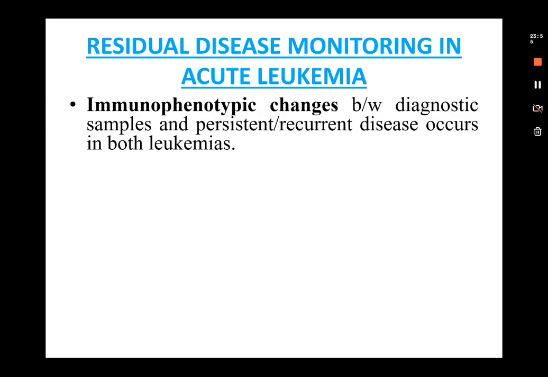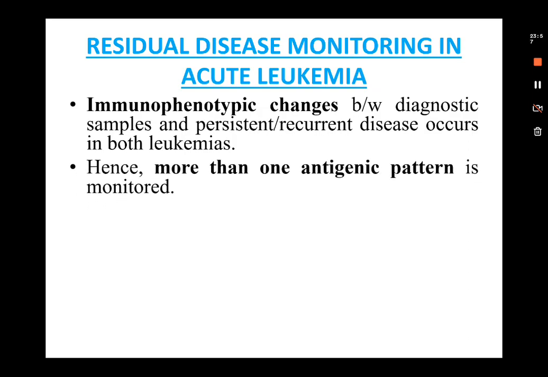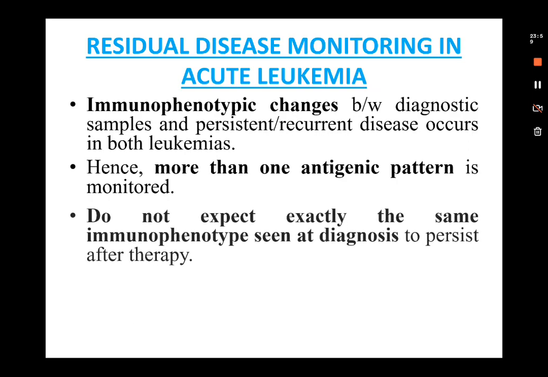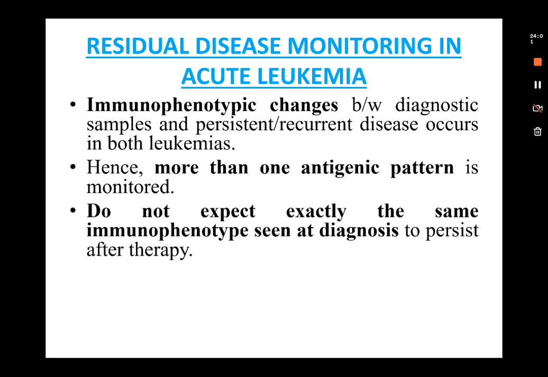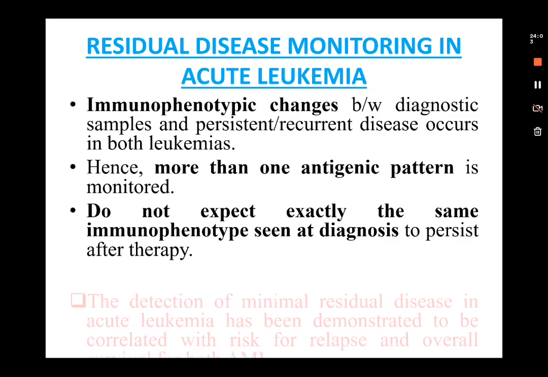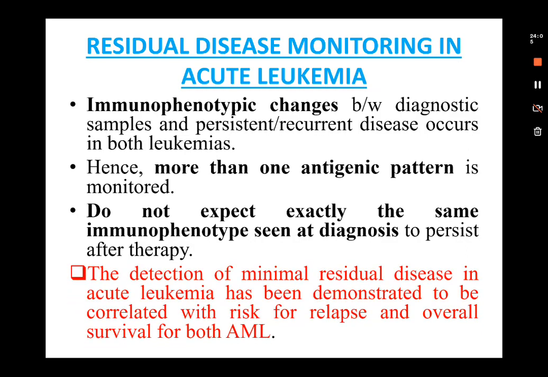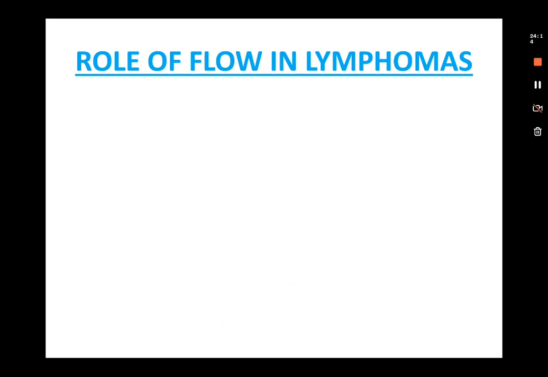So more than one antigenic pattern has to be monitored. Do not expect exactly the same immunophenotype seen at diagnosis to persist after therapy. This is important because it demonstrates the risk for relapse and overall survival for both AML and ALL. That's why residual disease monitoring is important.